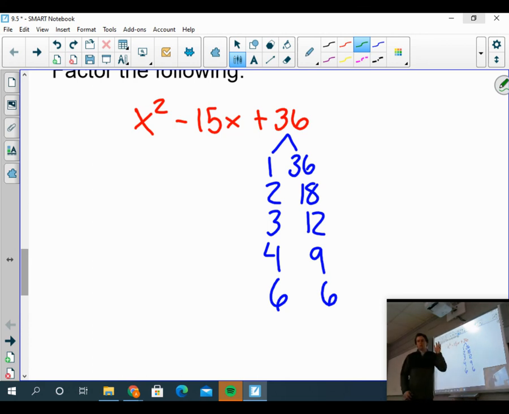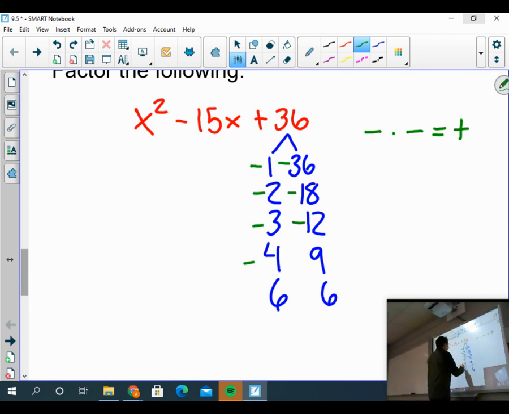No combination of positive and positive is going to add to give you a negative number. But a negative times a negative will equal a positive and can give us that negative middle term we're looking for. So both factors have to be negative to multiply to get positive 36.